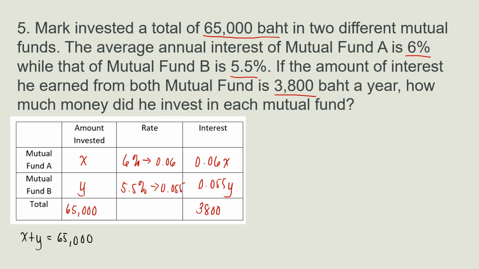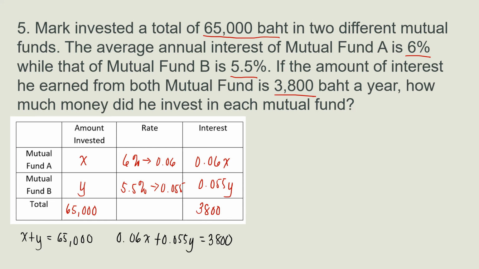If we add the interest earned from mutual fund A plus the interest earned from mutual fund B, that should be equal to 3,800. So our second equation is 0.06x plus 0.055y is equal to 3,800.